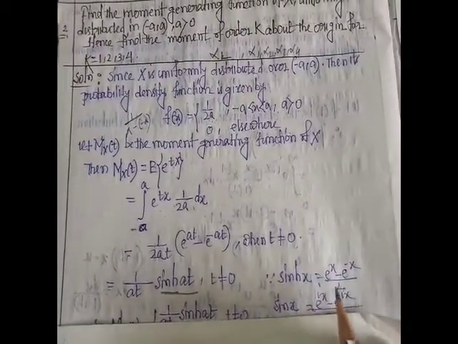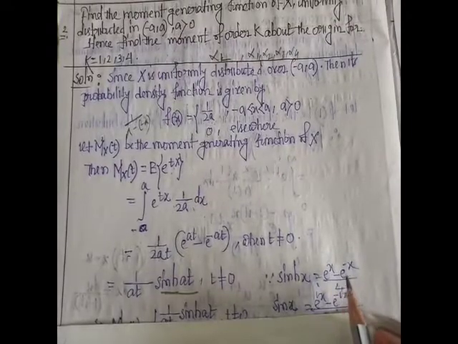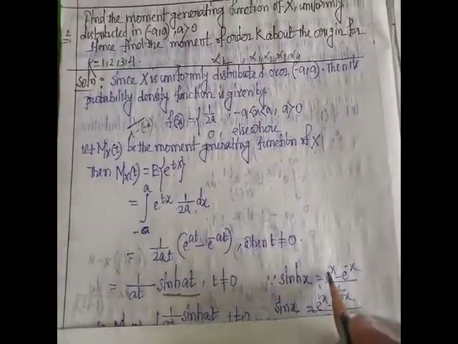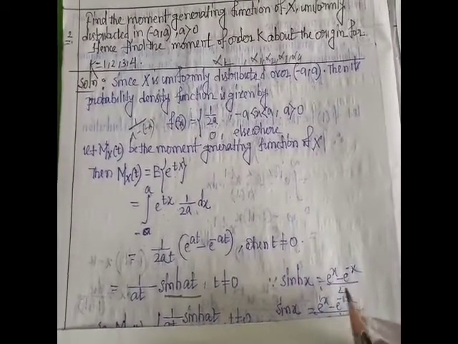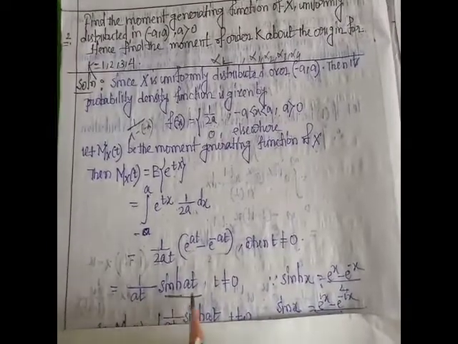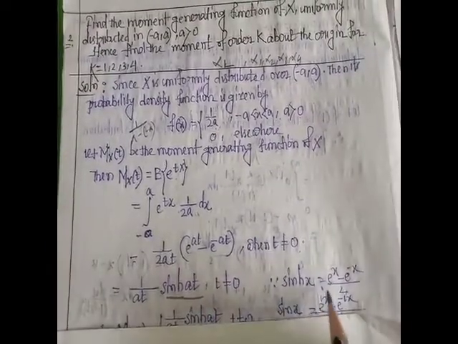Sine hyperbolic x means (e to the power x minus e to the power minus x) by 2, so sinh(at) means (e to the power at minus e to the power minus at) by 2. So this 2 by this 2 gives 1 by at sinh(at).